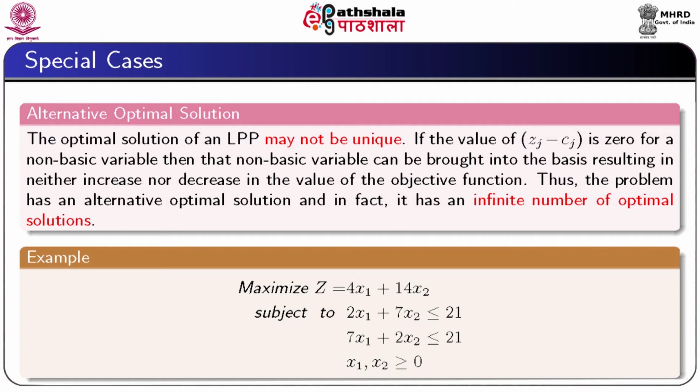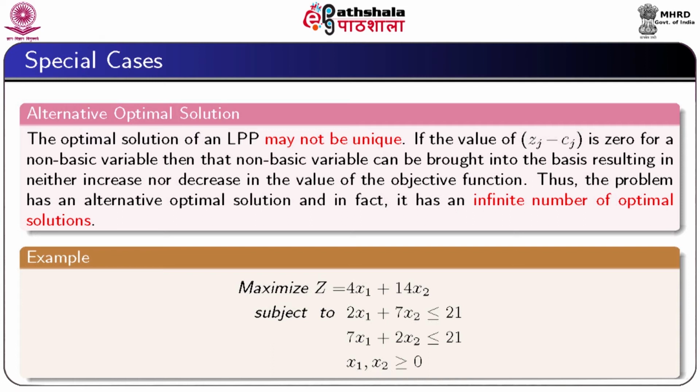Thus, the problem has an alternative solution, in fact optimal solution, and in that case we actually have an infinite number of optimal solutions. We will see how we can find an alternative optimal solution as well as an infinite number of optimal solutions for an LPP by an example.